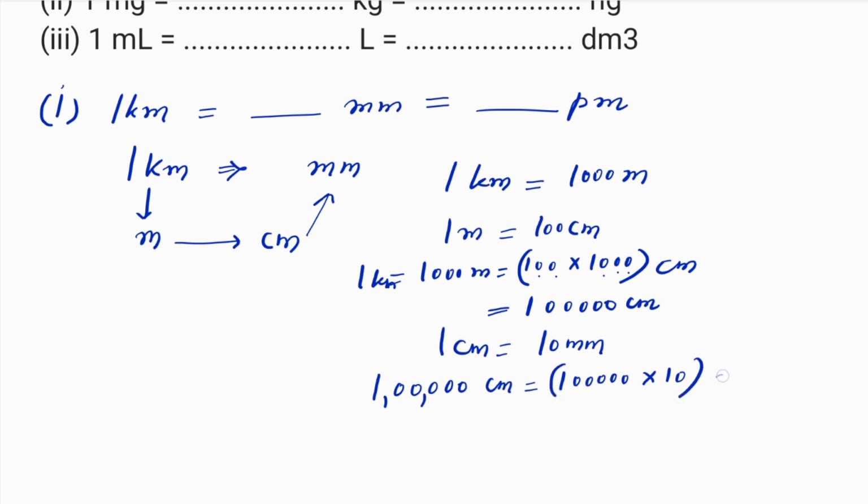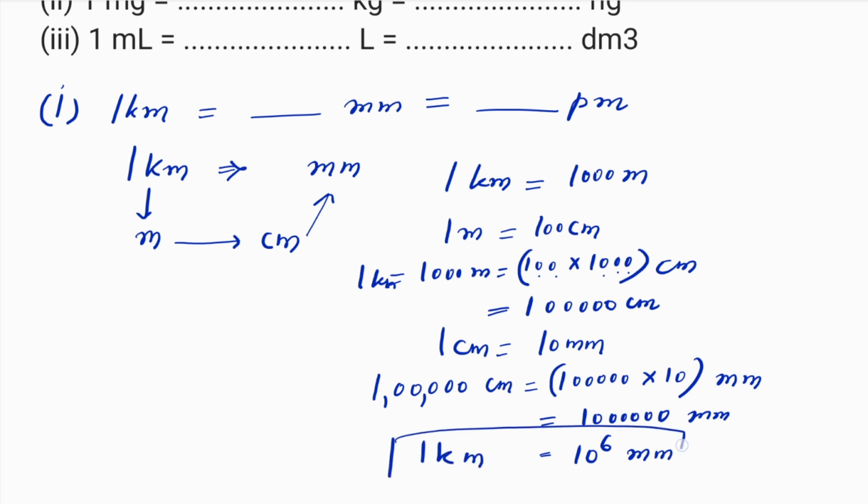This is equal to millimeters with 6 zeros. We can write it in exponential form as 10 raised to power 6 millimeter. So 1 kilometer is equal to 10 raised to power 6 millimeter.